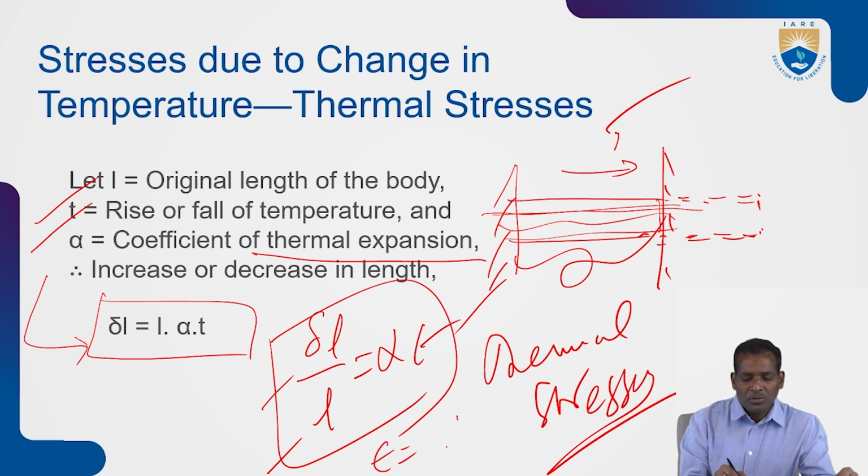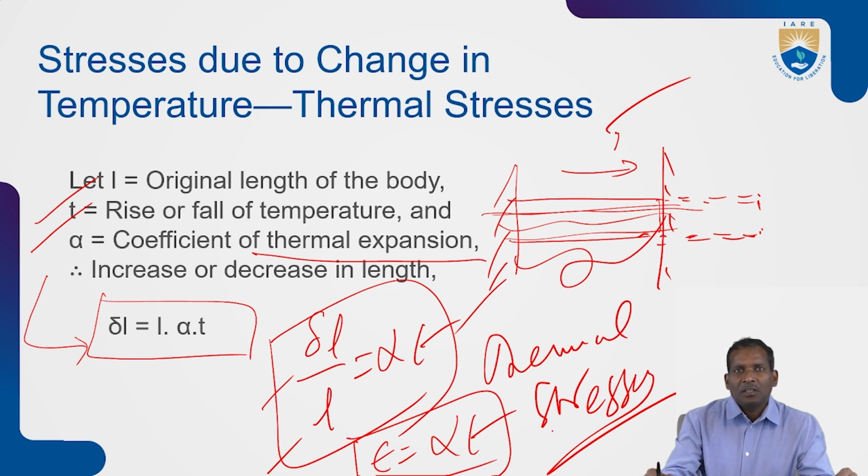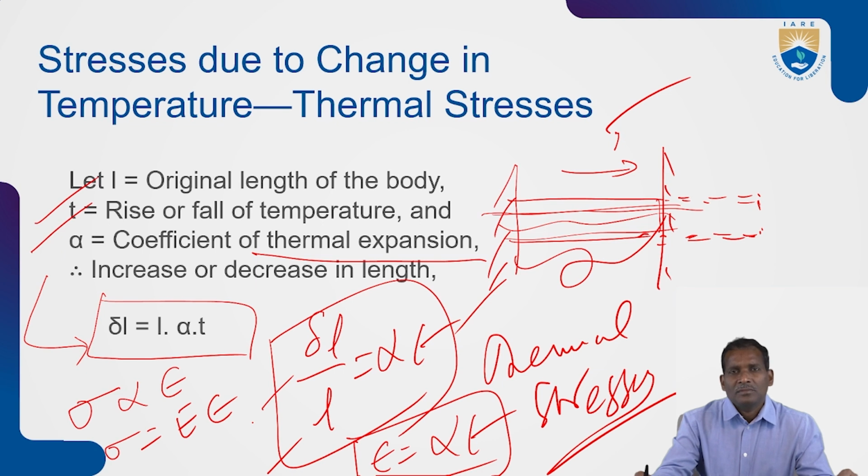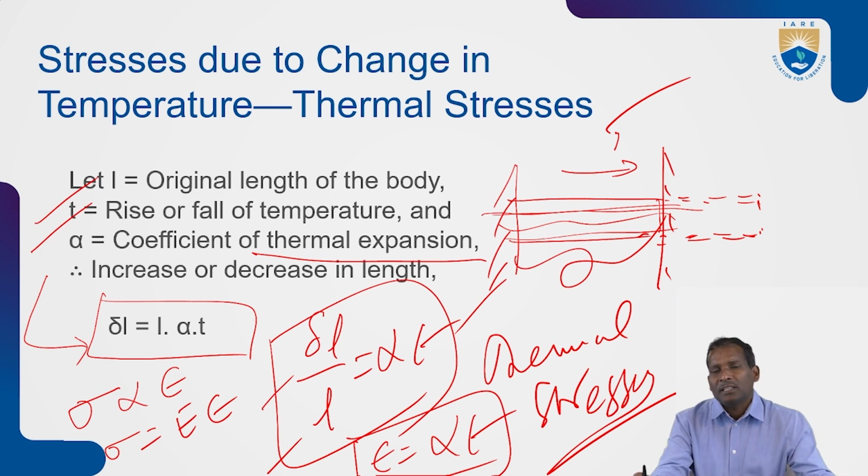Strain is equal to alpha into T. As per Hooke's law, stress is directly proportional to strain, and stress is equal to E into strain. Strain is equal to sigma by E.